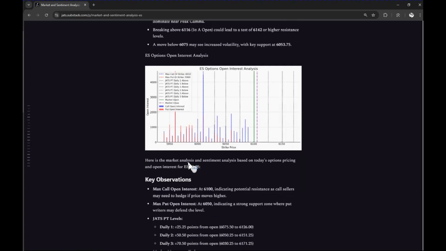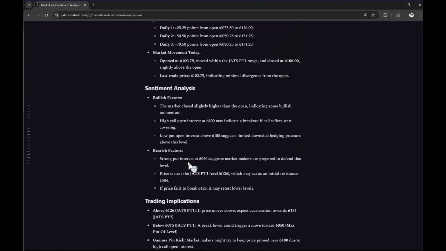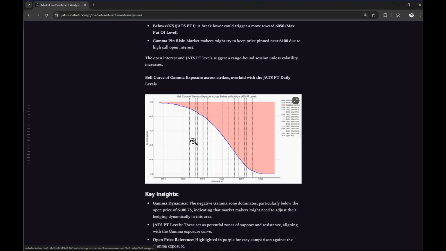So we can give you key support resistance levels whenever price comes into proximity to one of our key support resistance levels.